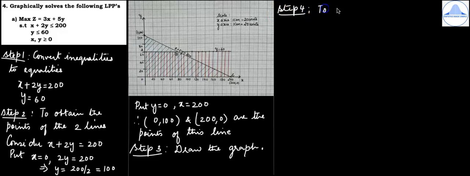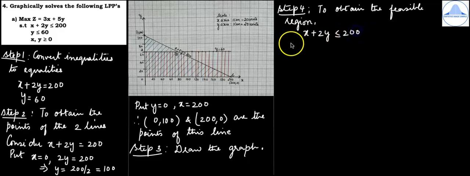Now step 4, to obtain the feasible region. To obtain the feasible region, you have to make use of the inequalities which are given. Take x plus 2y less than or equal to 200.